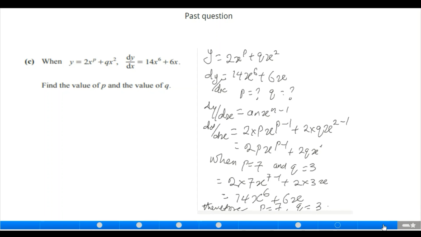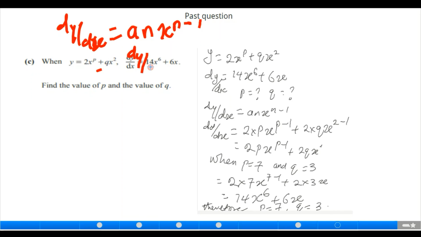Let's bring out the formula for differentiation, which is dy/dx of x^n equals nx^(n-1). They have already differentiated this expression, and the first differentiation, dy/dx, equals 14x^6 plus 6x.